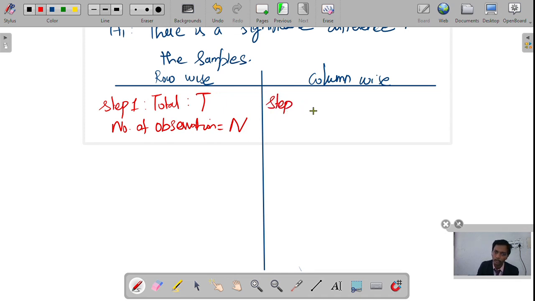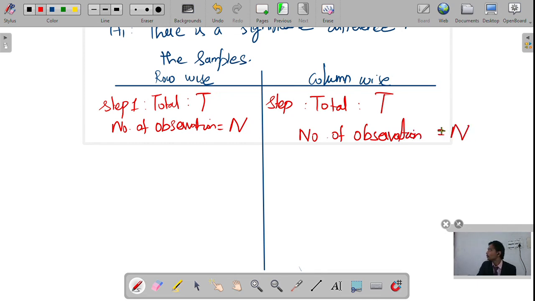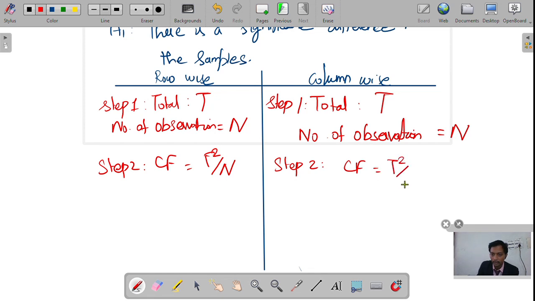Step 2 is the correction factor: CF equals T square by N. The same case here, step 2, CF equals T square by N.